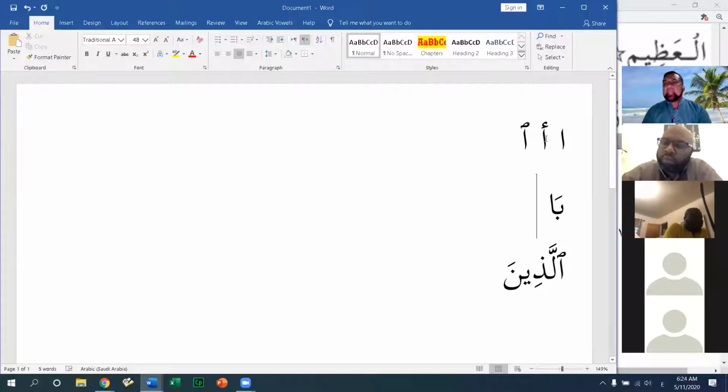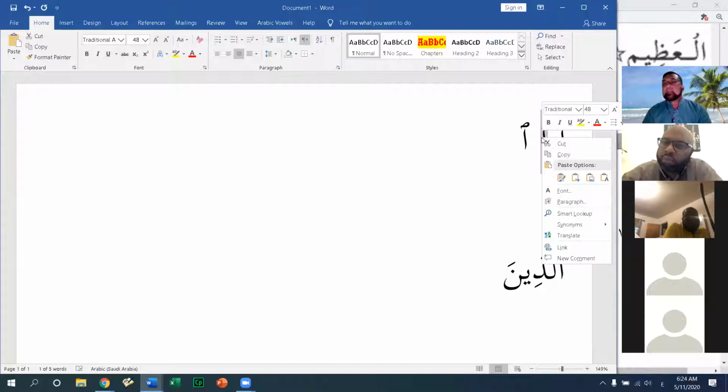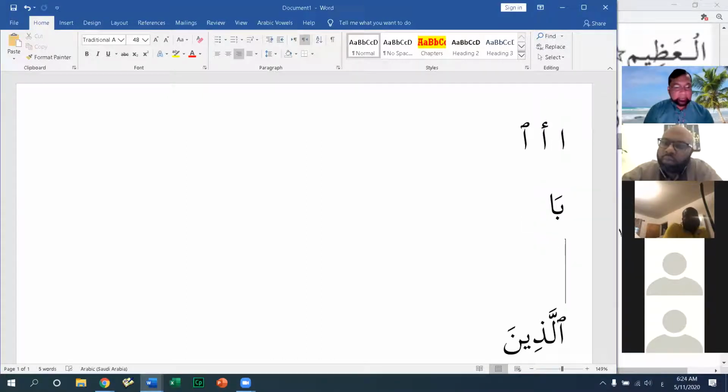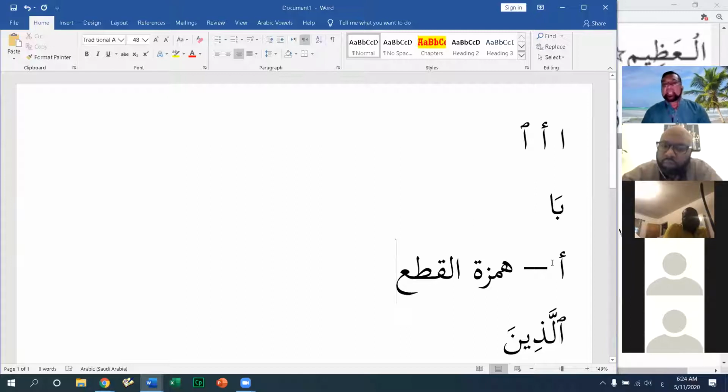Whereas here, that's the head of an ayn from the word hamzatul qata. So we take the head of the ayn, this letter here, and we put it on top of the alif to represent the hamza that is qata.